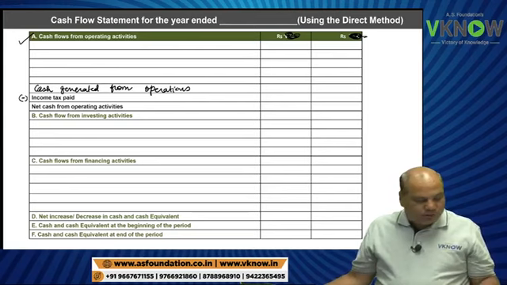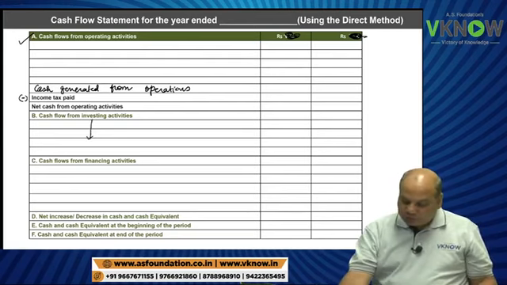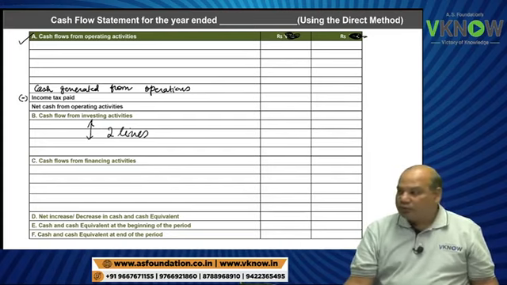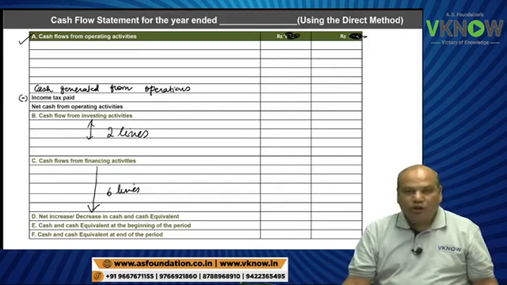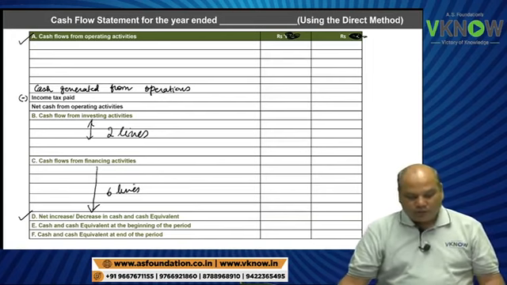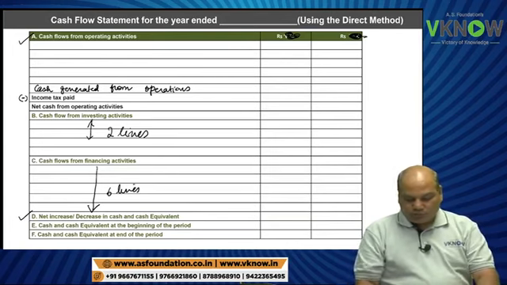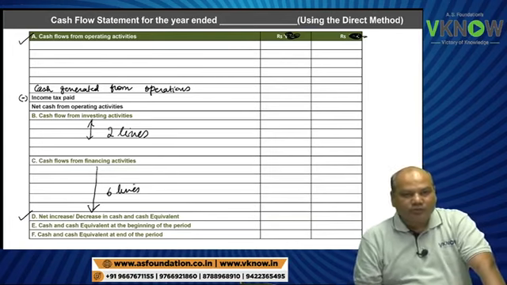Point number B, cash flow from investing activities. Keep 2 lines blank. Point C, cash flow from financing activities. Keep 6 lines blank. Point number D, net increase or decrease in cash and cash equivalent.